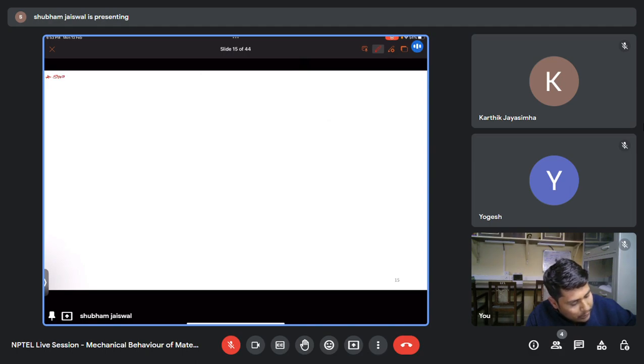So what is strain? Measure of deformation. So how much deformation has taken place? Like we compare it with the original length. And it is valid for which condition? It is valid for both elastic as well as plastic condition.